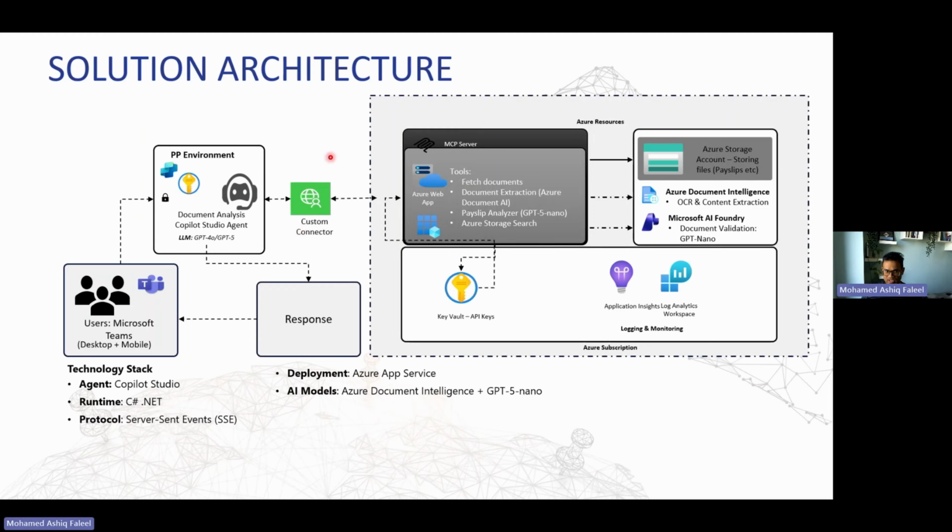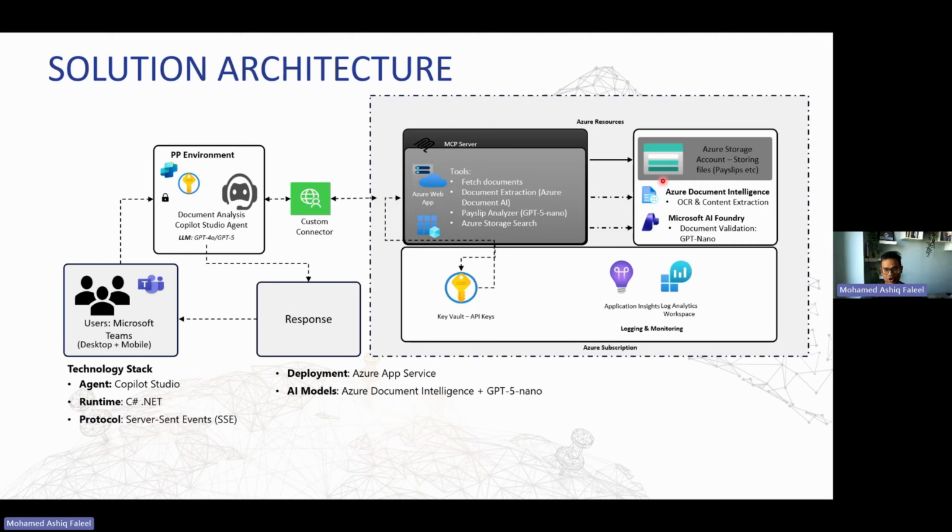You can see in between there is a custom connector, which bridges the Copilot Studio agent and the MCP server hosted in Microsoft Azure. For this demo, I have used a document source which has payslips.